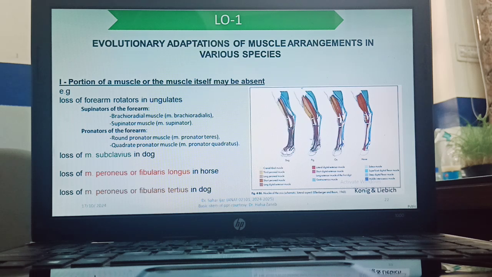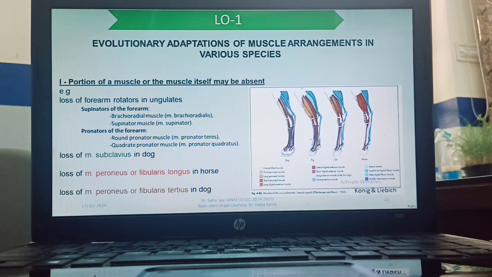Then peroneus or fibularis longus has been lost in horse. And fibularis tertius is not visible in dog. It's not present there. So these are where the muscle is entirely absent, or it might be present in the form of a portion.